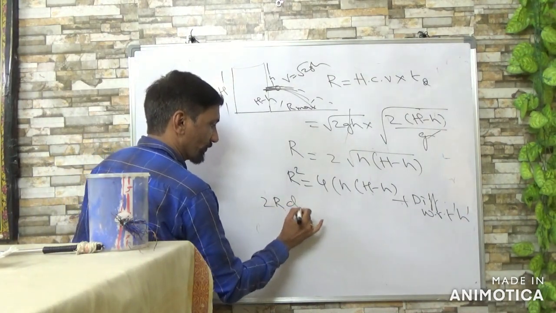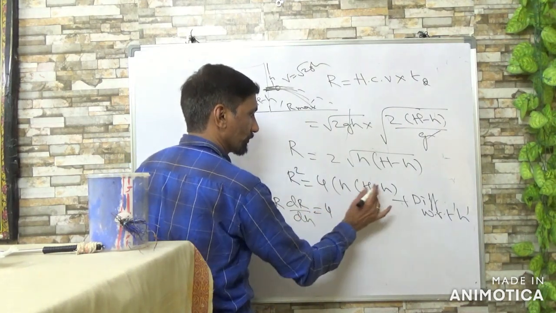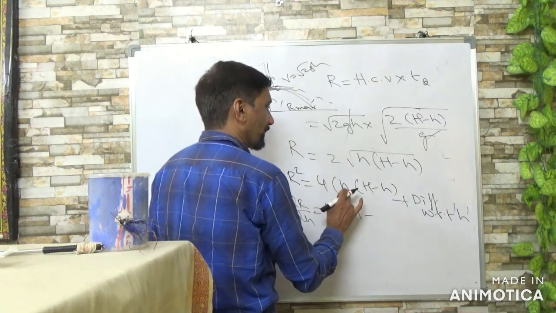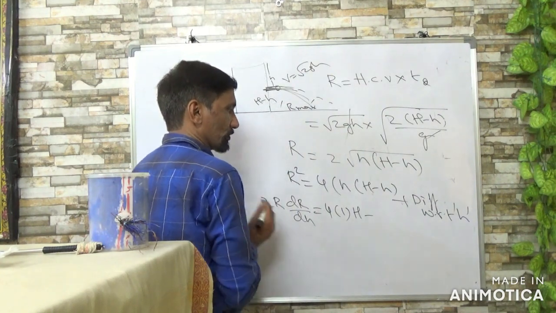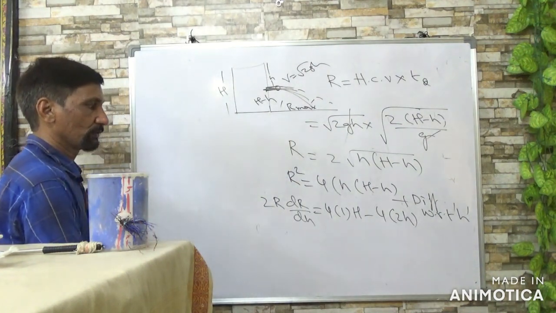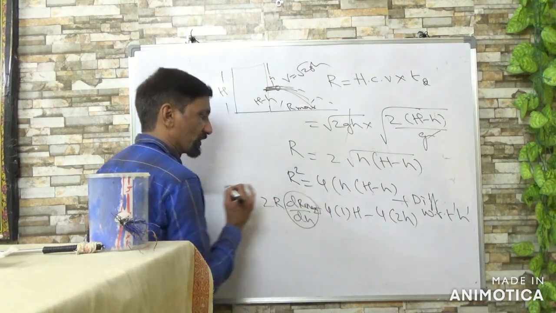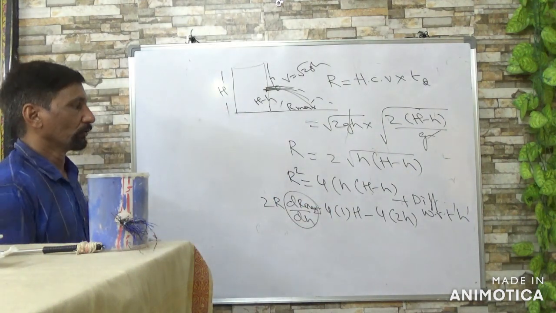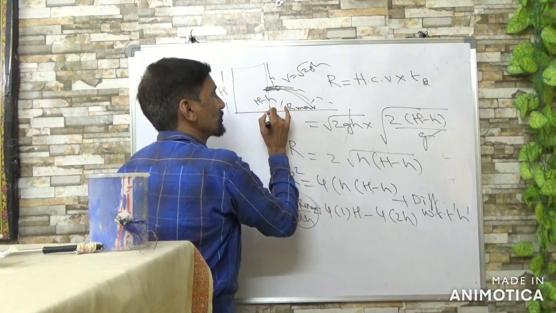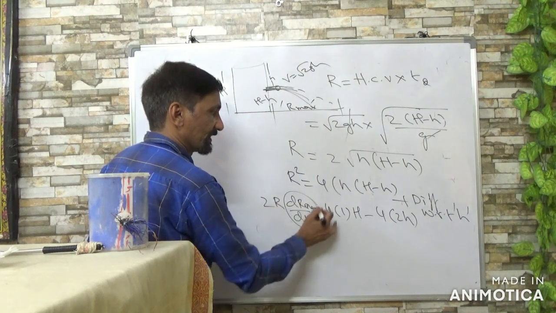So 2R dR by dh equals 4 into H, whose differential value is 1, minus 4h square, whose differential value is 2h. If this range is maximum, this differential value must be 0, because you want to know the point at which the tap is to be connected so that this distance becomes maximum.